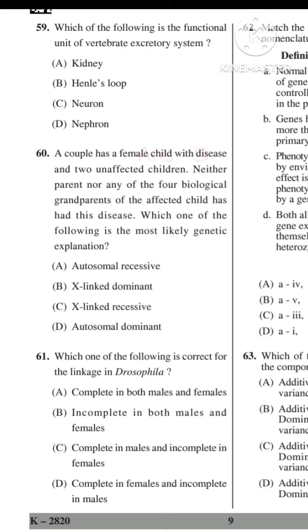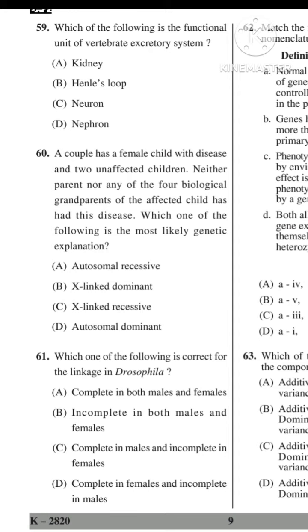Question number 60, a couple has a female child with disease and 2 unaffected children. So here they have given a couple has a female child with disease and 2 unaffected children. It means they are totally having 3 children. So out of that 1 female is affected. Neither parent nor any of the 4 biological grandparents of the affected child has had this disease.